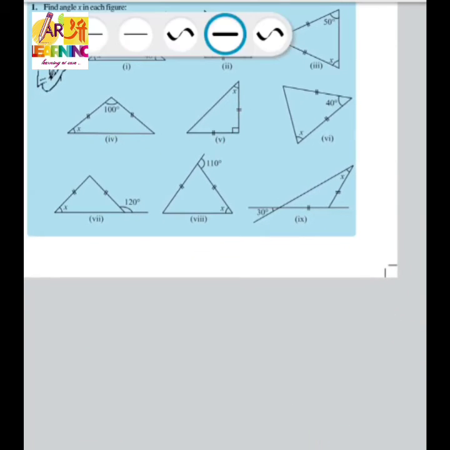So since the triangle is isosceles, in that also the sum of three angles will be 180. So the sum of the three angles of the triangle is equal to 180.